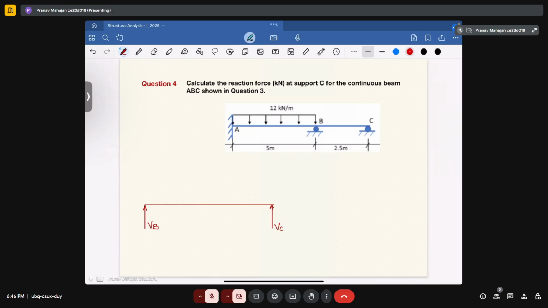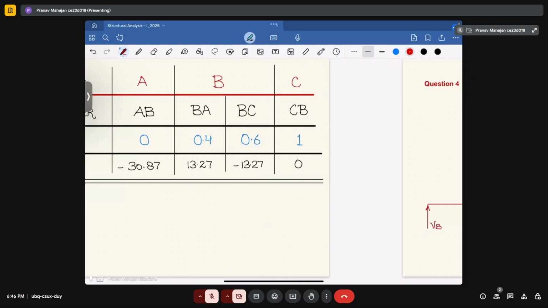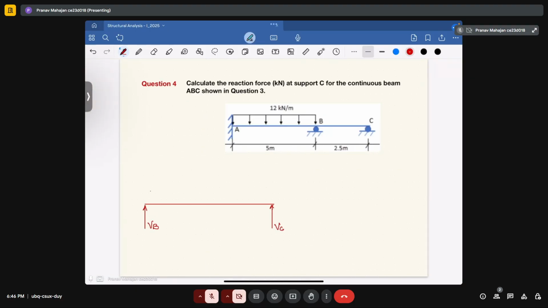Okay. And what is the moment coming here at BC? For BC, it is minus 13.27 kilonewton meter.